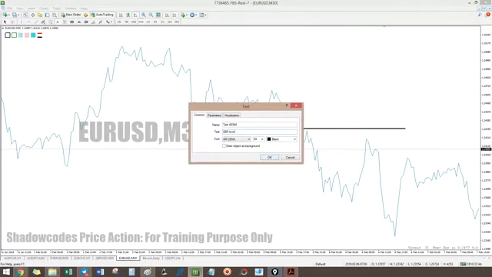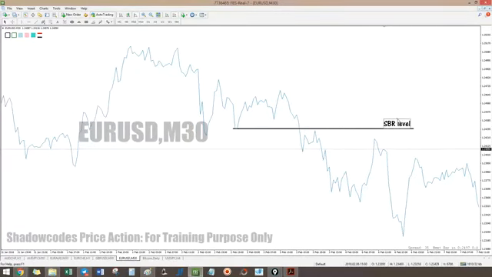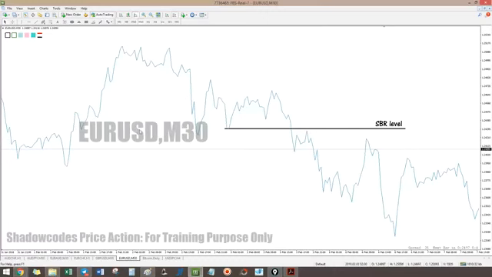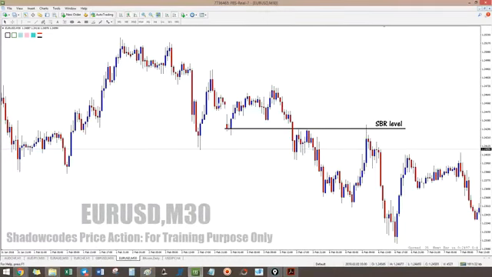SBR level. Okay, so when we change to candlestick, okay, this is a bear, bull. Okay, what is this? This is a demand zone. Okay, this is a demand zone up to here.